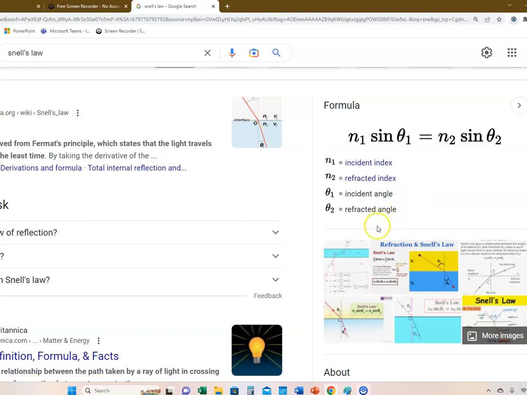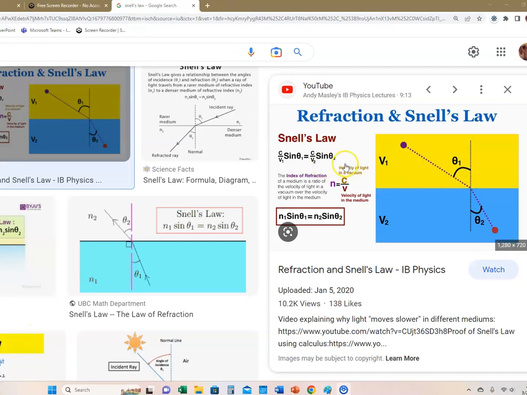Here, let me see if I can get a better picture of this. All right, look at this one with the yellow and the blue. So there's a nice picture. This dotted line right here is the normal. It's perpendicular to the surface, and you have a ray of light coming in, and it makes an angle theta 1. It's 1 because that's the medium up here.